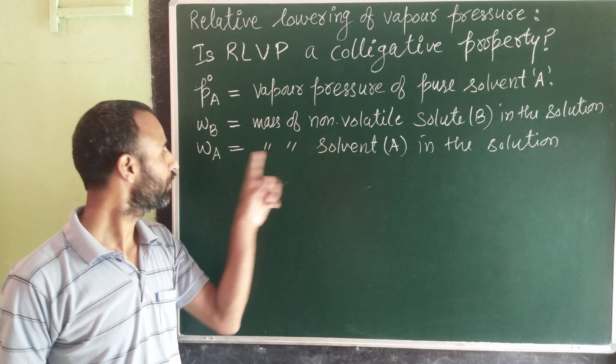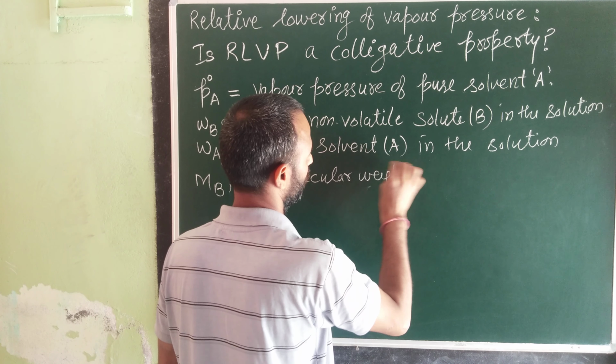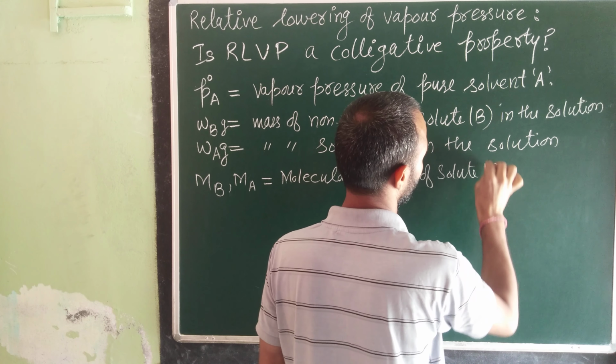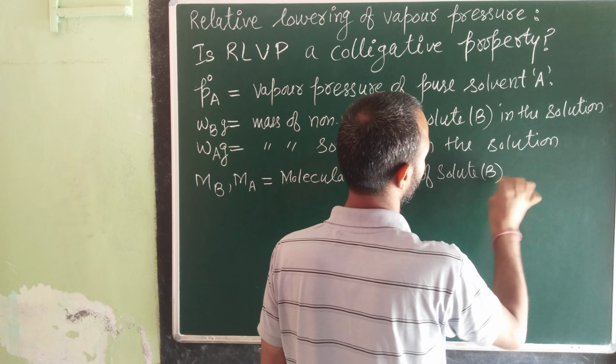And MB and MA, these are molecular weights of solute B and solvent A respectively.